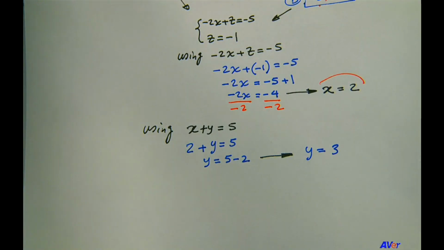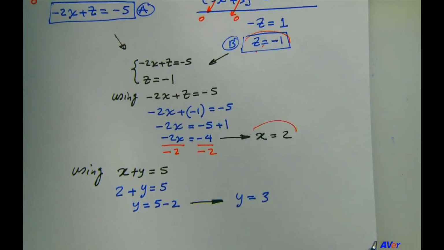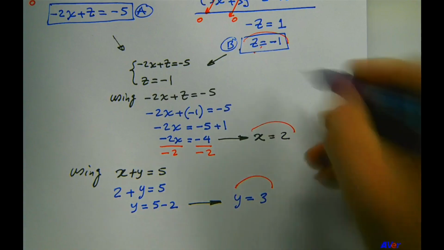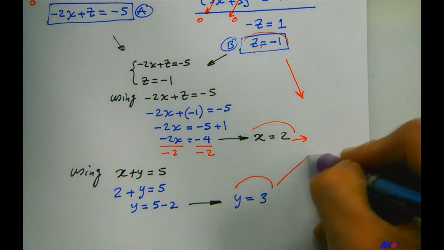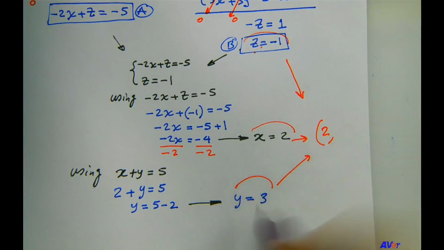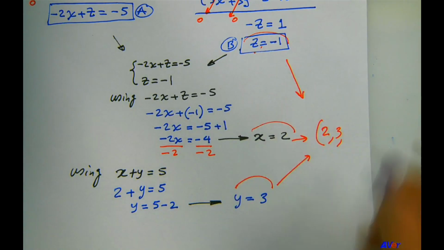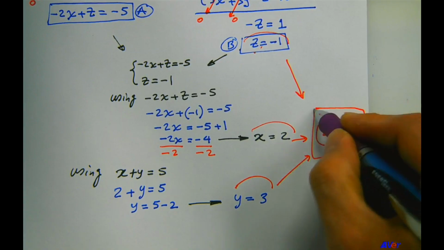Okay, so now we have all the three solutions here. Let's write down the final answer. So the final answer, we have to match all of these, and the final solution is 2, 3, negative 1. Right? That's the final solution of that system.